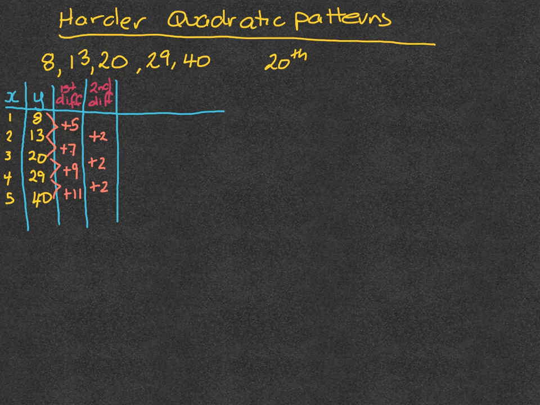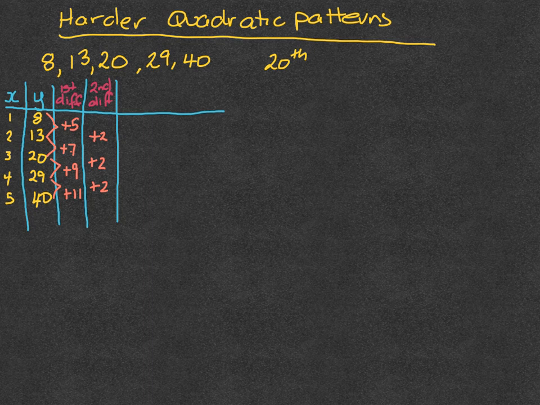Now, we know that if that second difference is all the same value, we will divide that 2 by 2 because we know that it's a quadratic pattern. We just need to find what the value is in front of the x squared term. And so we go 2 divided by 2, which is equal to 1, of course.